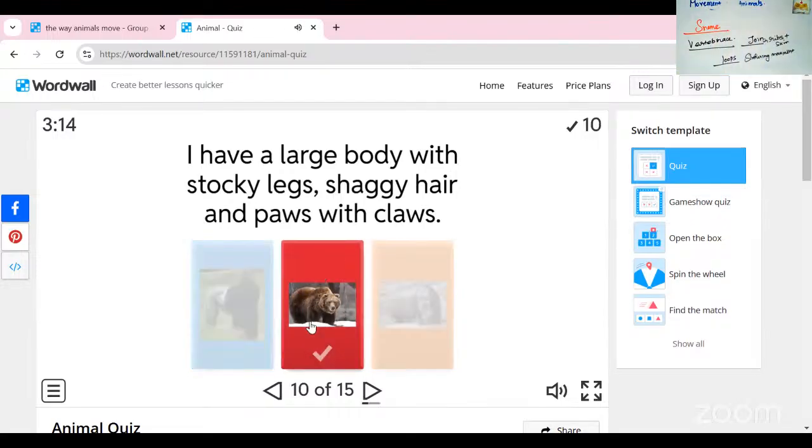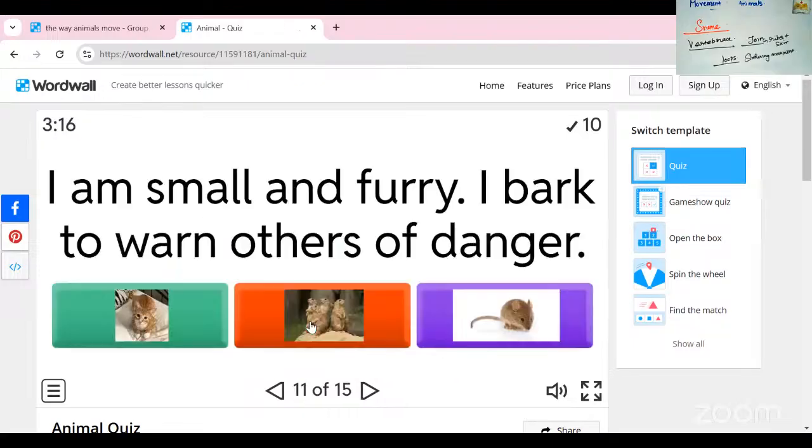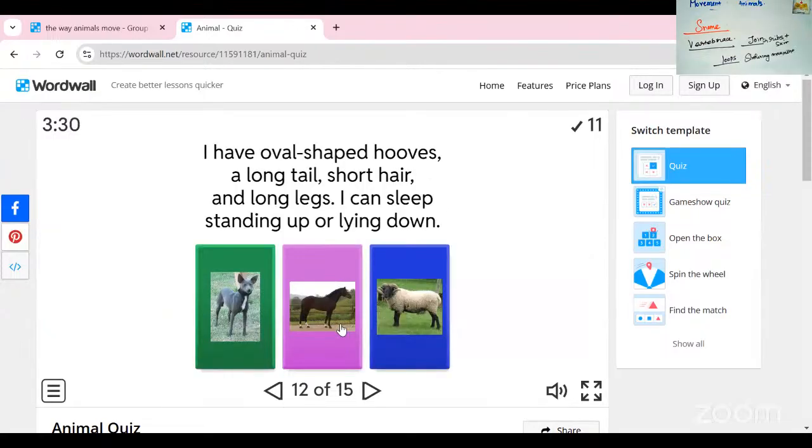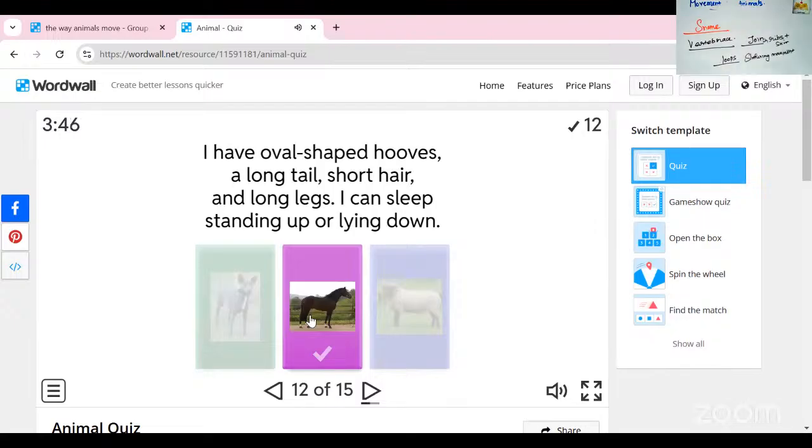I am small and furry. I bark to warn others of danger. Next one: I have oval-shaped hooves, a long tail, short hair and long legs also. I can sleep standing up or lying down. Yes, the horse is the right answer for this question.